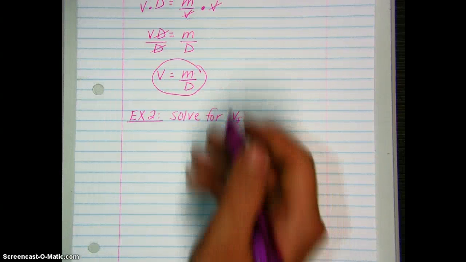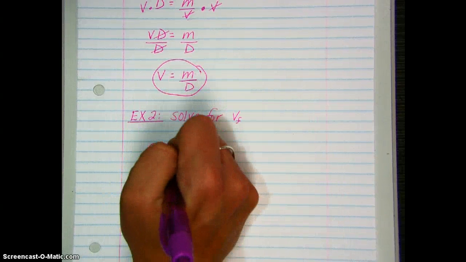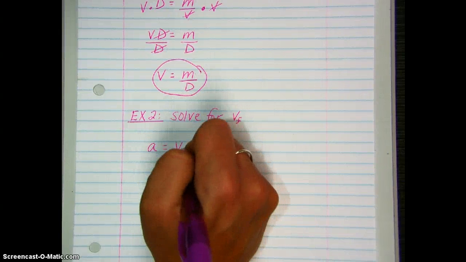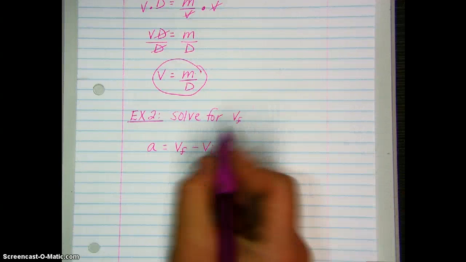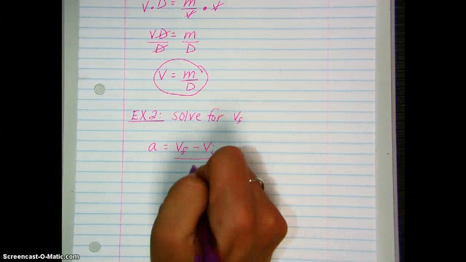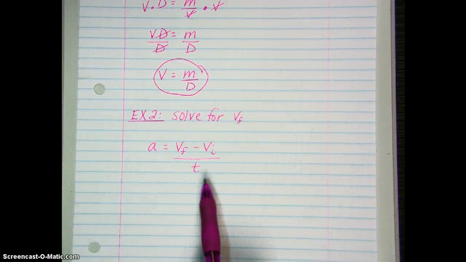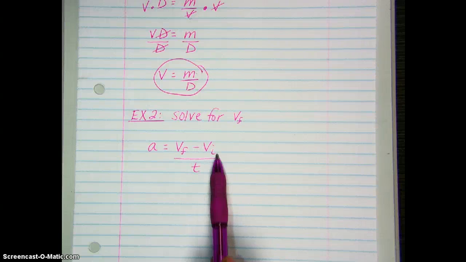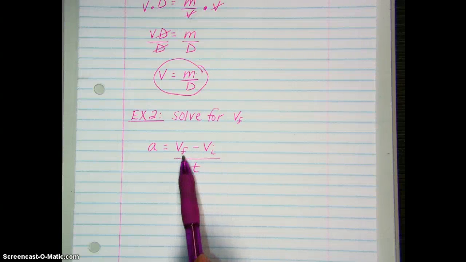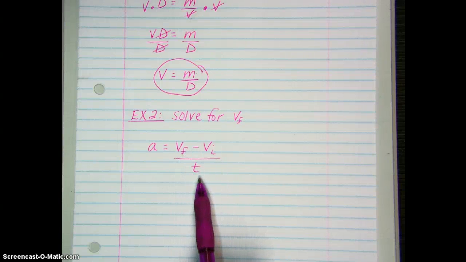So in this problem, we're going to be solving the acceleration formula, which is vf, that stands for final velocity, minus vi, which is initial velocity, all over t, which stands for time. So this is a formula used to calculate acceleration, or how much an object speeds up or slows down. So you calculate that by taking the difference in the initial velocity and final velocity and divide that by time.